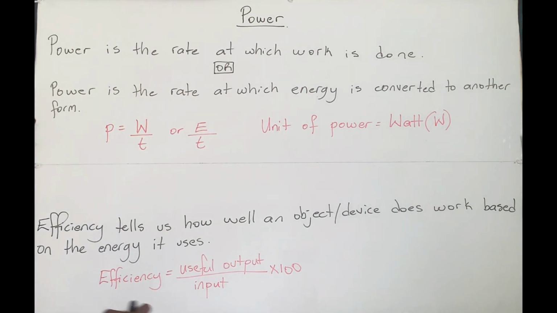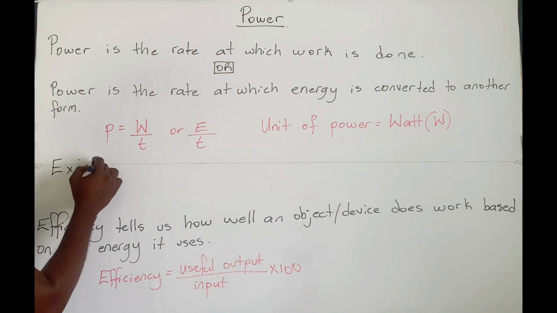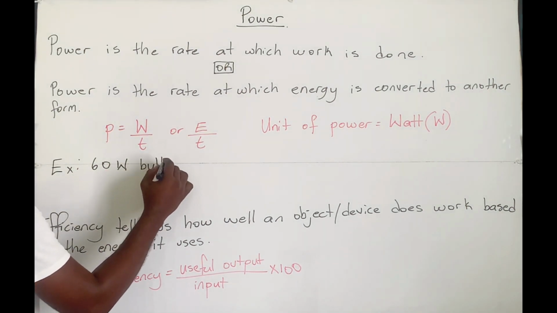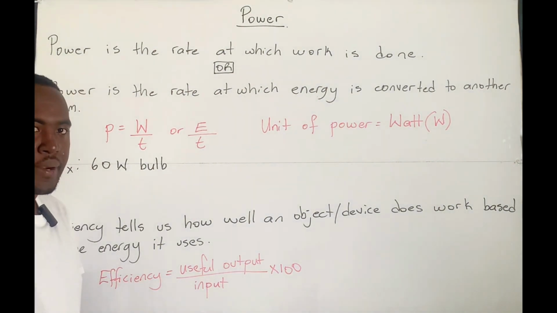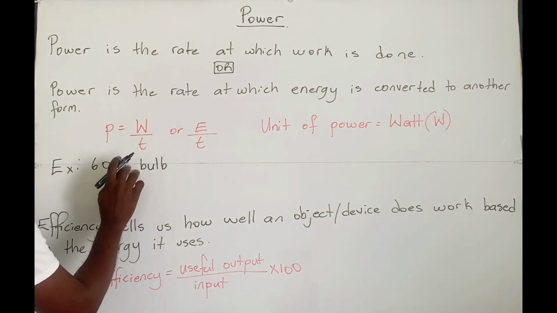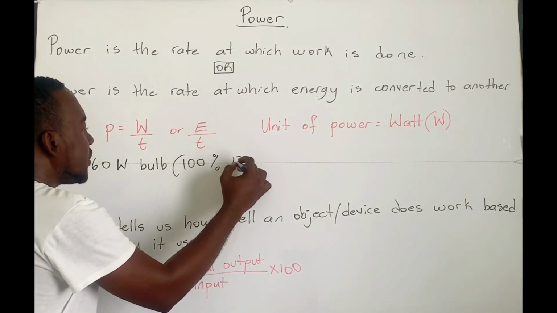Now, if we explore the concept of power in terms of a bulb, say we buy a 60 watt bulb. What exactly does this mean? A 60 watt bulb, we're going to think of it as being 100% efficient.